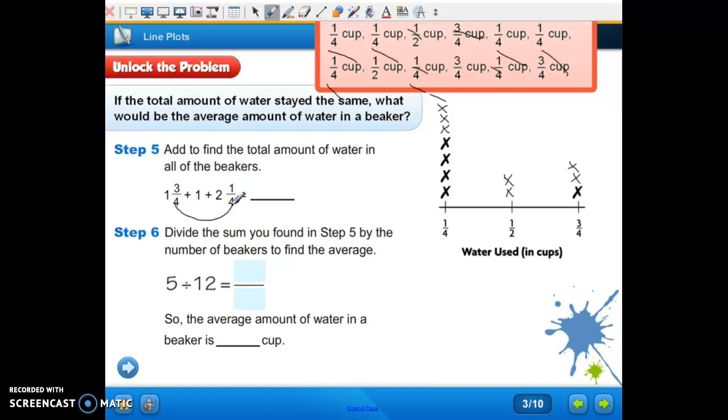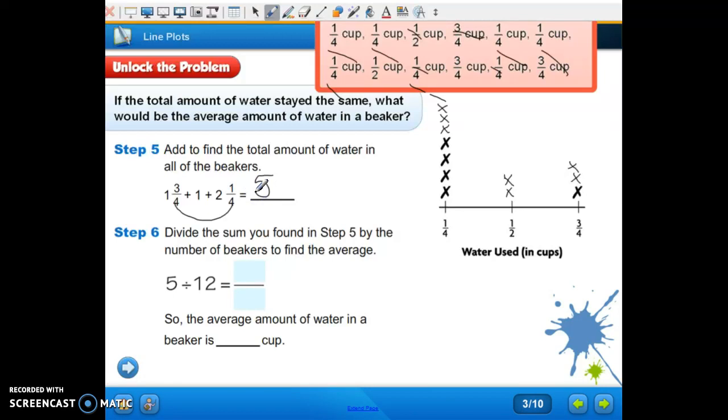So I have 1 whole, 1 whole, 2 wholes. If I'm adding, 1 plus 1 is 2, plus 2 is 4. And then the 3/4 and the 1/4 make another whole, so I have 5, right? So I have 5 cups of water altogether.